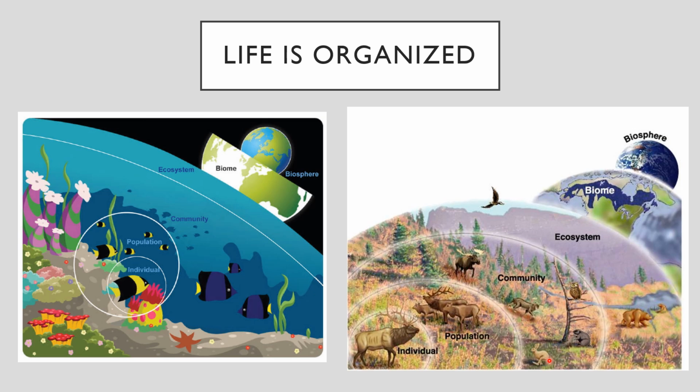So for our aquatic example here, we've got the corals, the kelp, the different species of fish, the anemones, the starfish, all of those different species of living organisms and their interactions. For our more Mountain West biome, we have the moose, the mountain lions, the different types of birds, the different types of prey animals, and all of the trees and shrubs and plants that we have in that area.